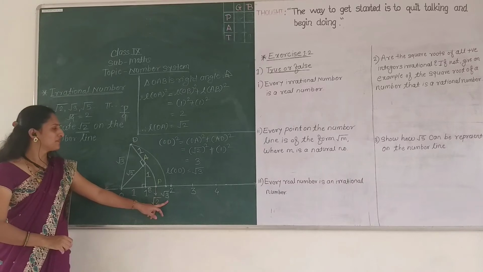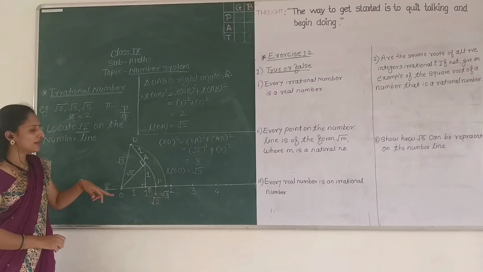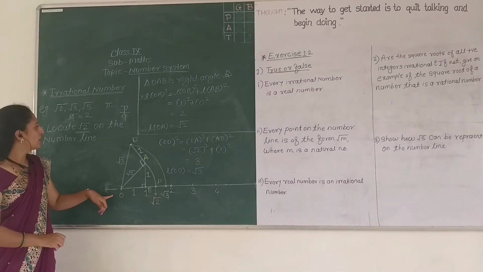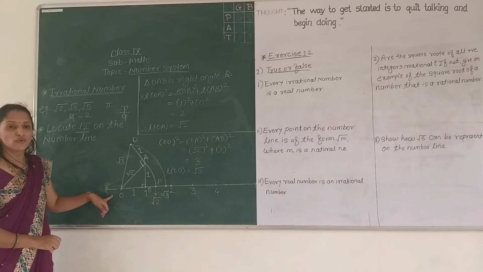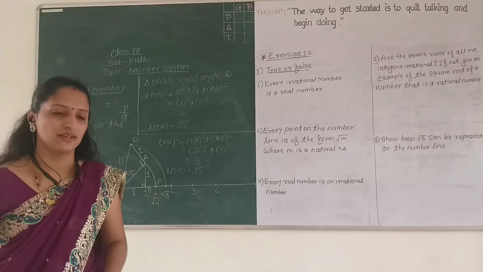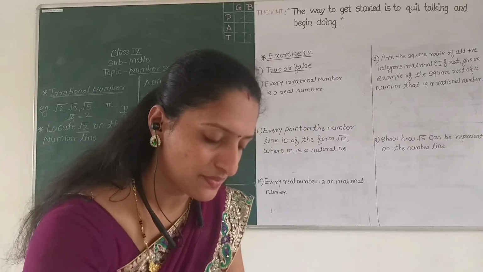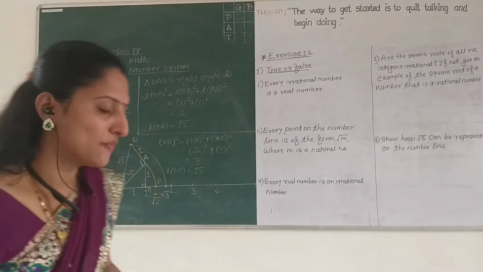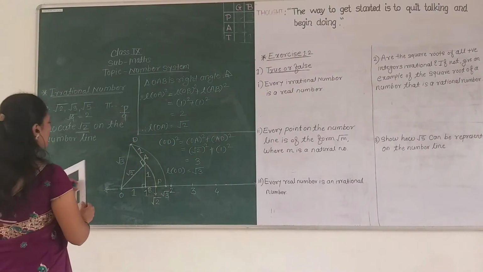Now let us see how to locate the point root 4 on the number line. For this, again the same procedure.